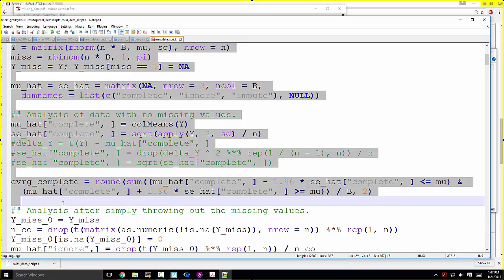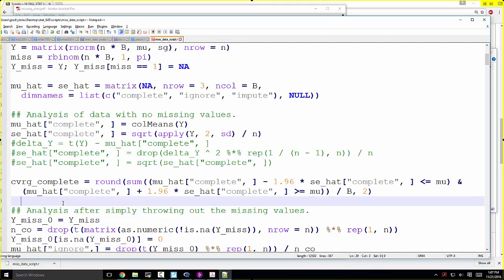So we're asking whether the lower bound is less than or equal to mu and the upper bound is greater than or equal to mu. Let's see how it goes with the other ones.